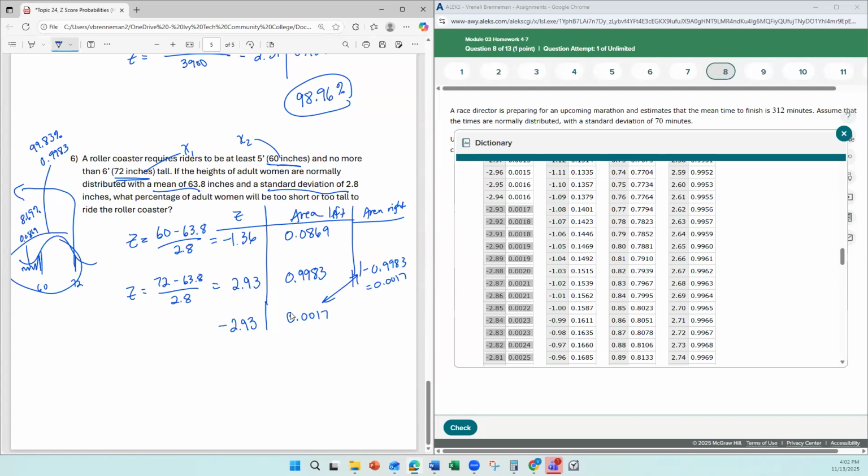I could also say, all right, what I actually want over here is all except this middle part, which is the between. So I could say between, the ones that are allowed, I subtract the 0.9983, so this whole area, minus the 0.0869.